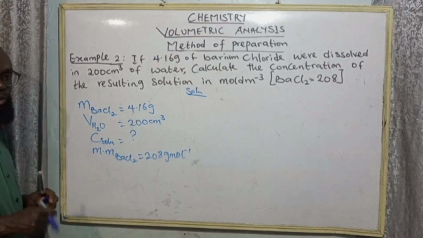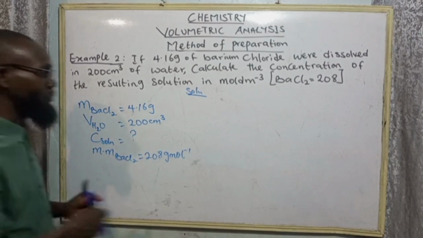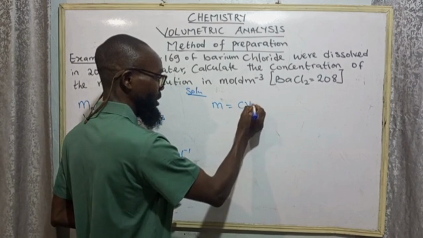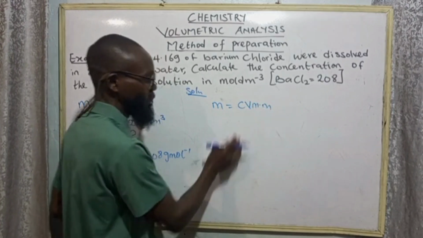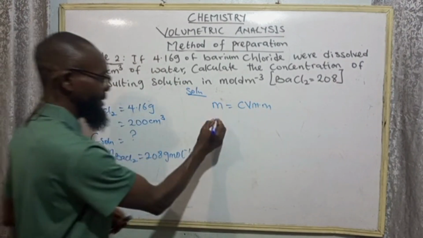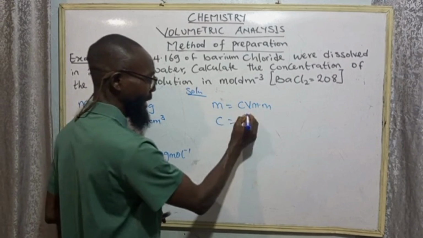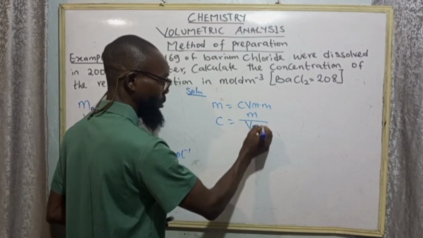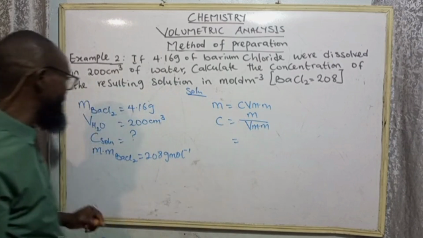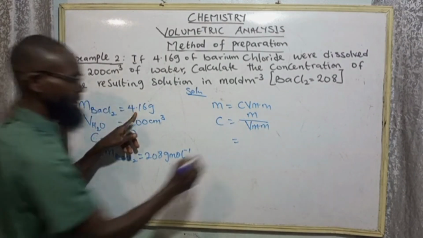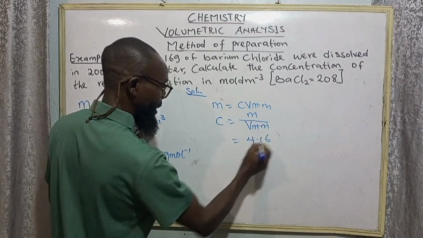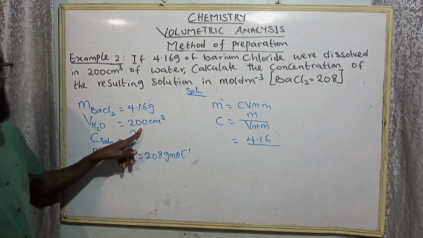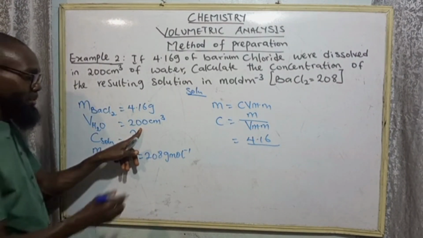Now I want to calculate the concentration. If you can recall the formula that says mass equals CV multiplied by molar mass, our concentration that we want to get will now equal mass divided by volume times molar mass. Our mass given here is 4.16 grams over the volume. Our volume here is in cm³, so let us change to dm³.